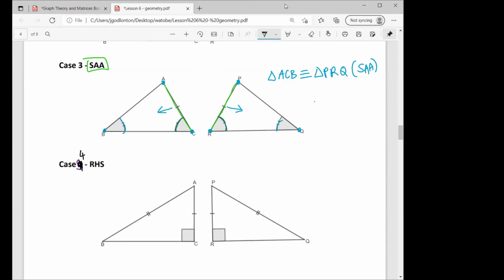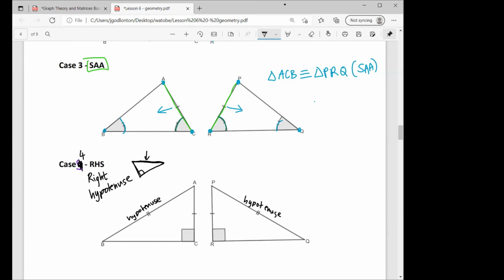Okay, so for right angle hypotenuse side, that's what this is standing for. The R is saying right, the H is saying hypotenuse. And hypotenuse, for those of you who don't remember, is the side opposite to the right angle, or the longest side in a right angle triangle. So this here would be our hypotenuse, and this here would be our hypotenuse.